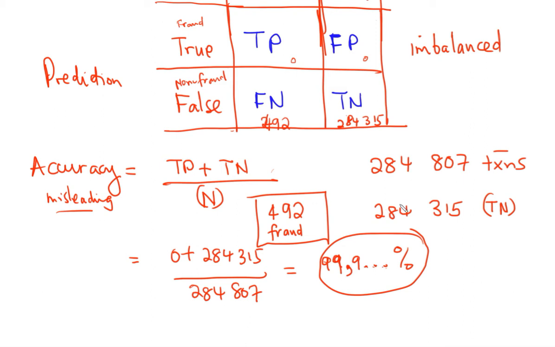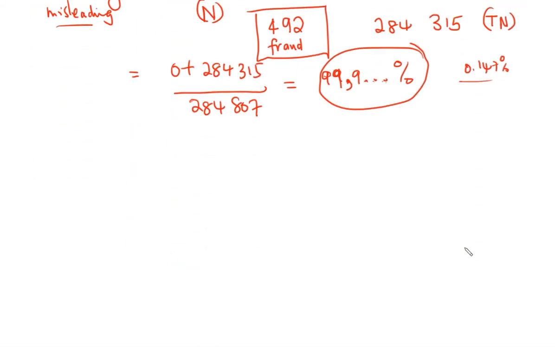The high accuracy just comes from the true negatives being way more than the positives. As we saw, the positives were just 0.147%. So we need better measures.